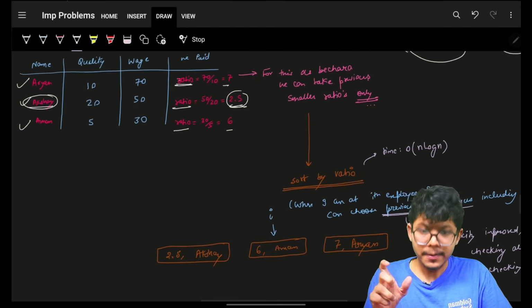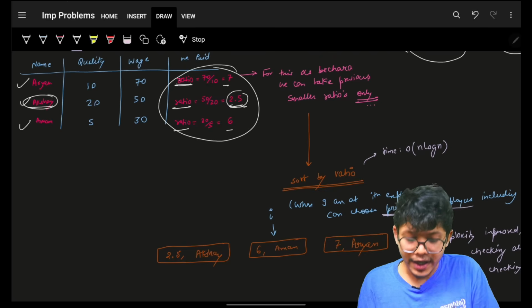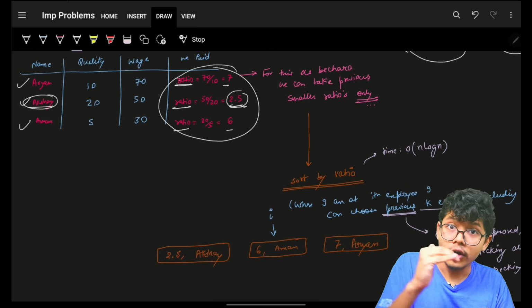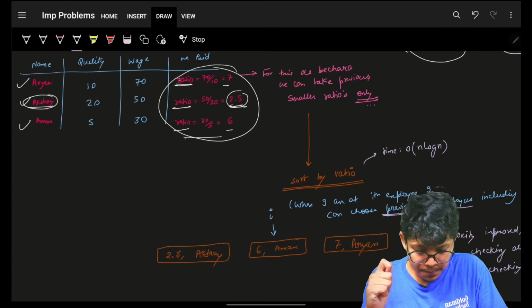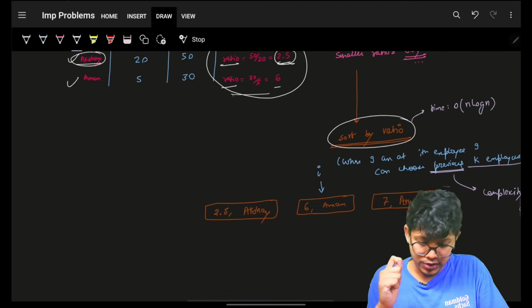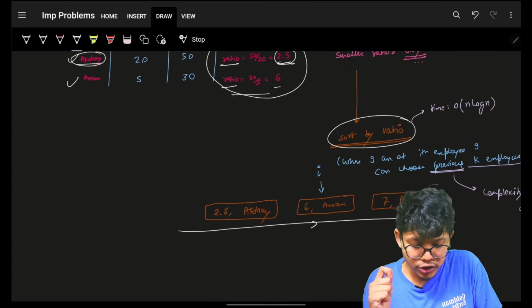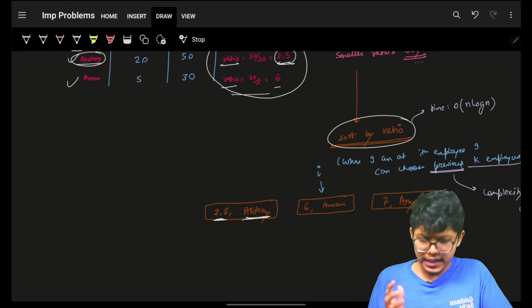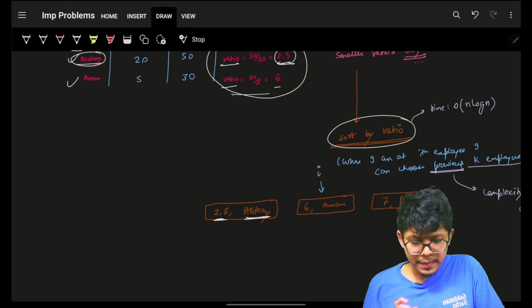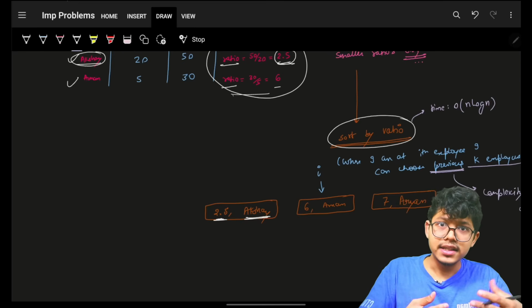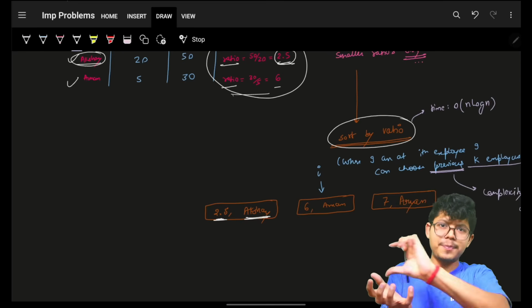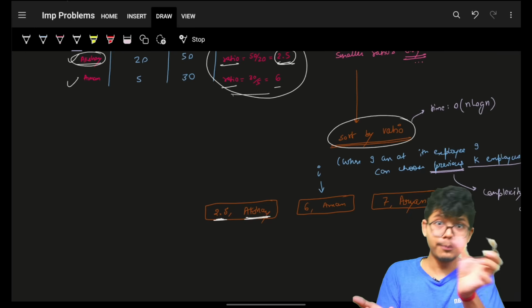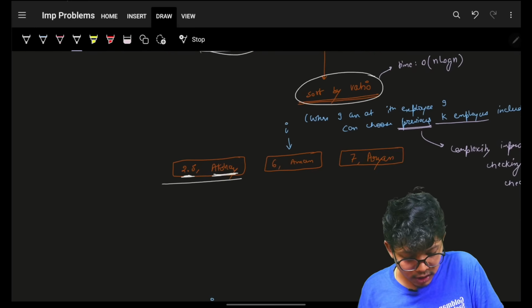So what I did was, I took these ratio values and sorted them on the basis of the ratio values. So now this will become sorted, in which I have the ratio value and then the person. Again, you can take the indexes of them also, or anything which recognizes that this corresponds to a specific worker or employee. Now all these are sorted.